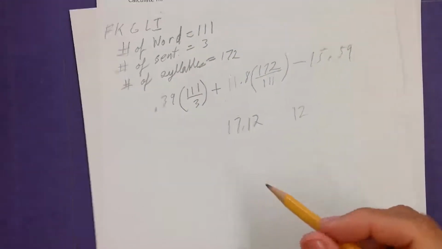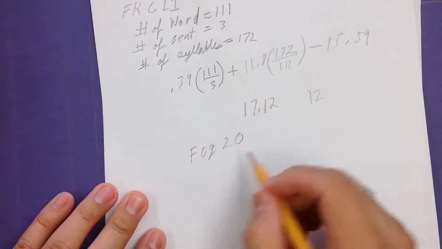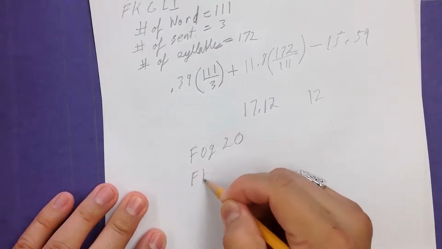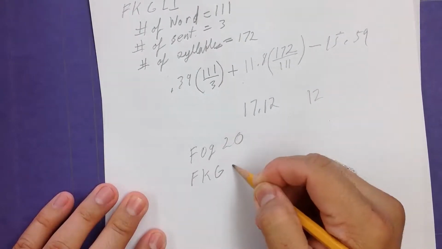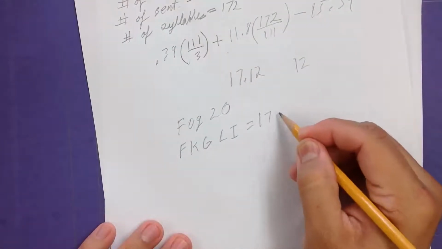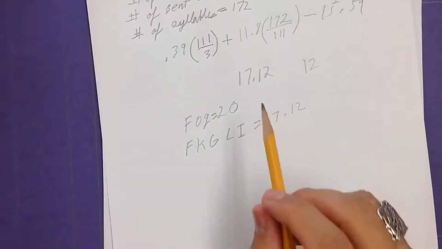You need about 20 on the fog index, and the Flesch-Kincaid grade level index is about 17.12. So that's what the indices show. So basically you need a higher education to be able to read this and understand this completely.